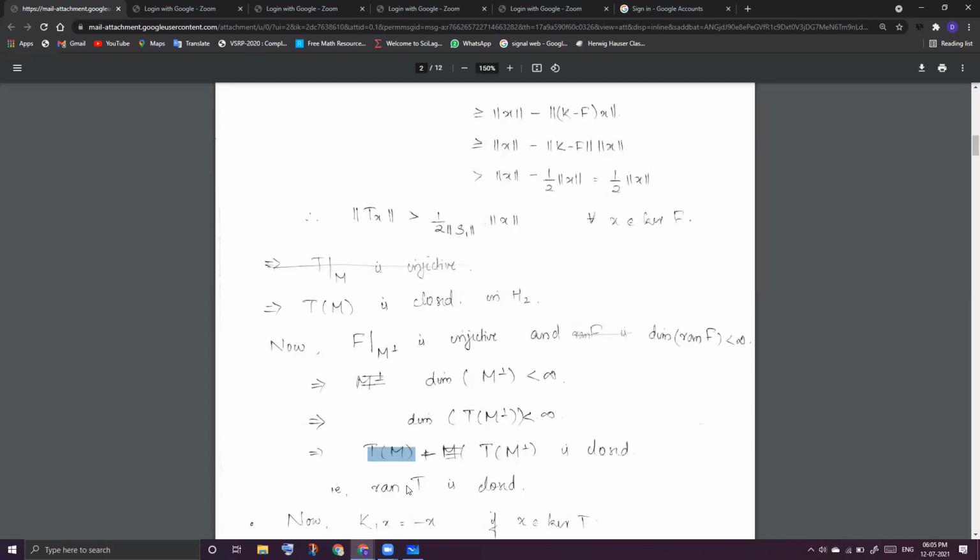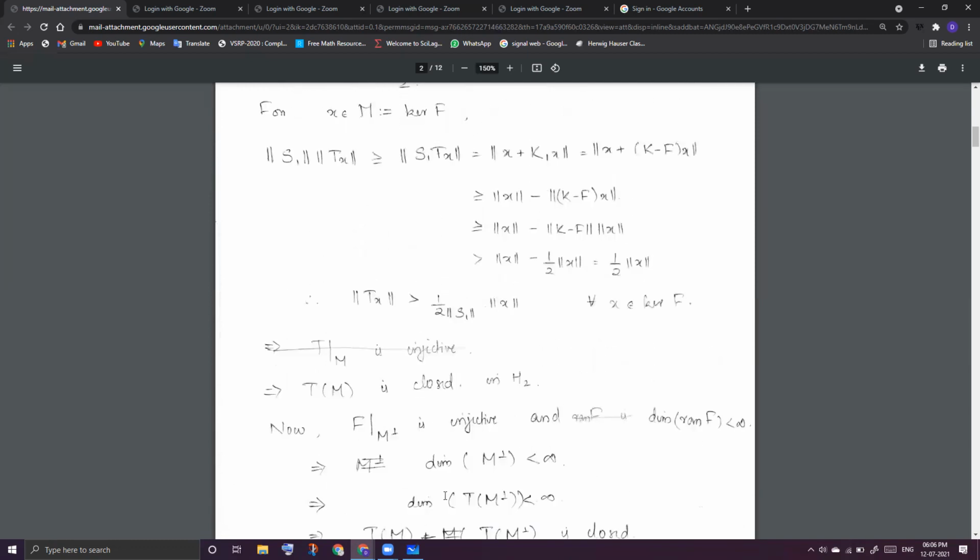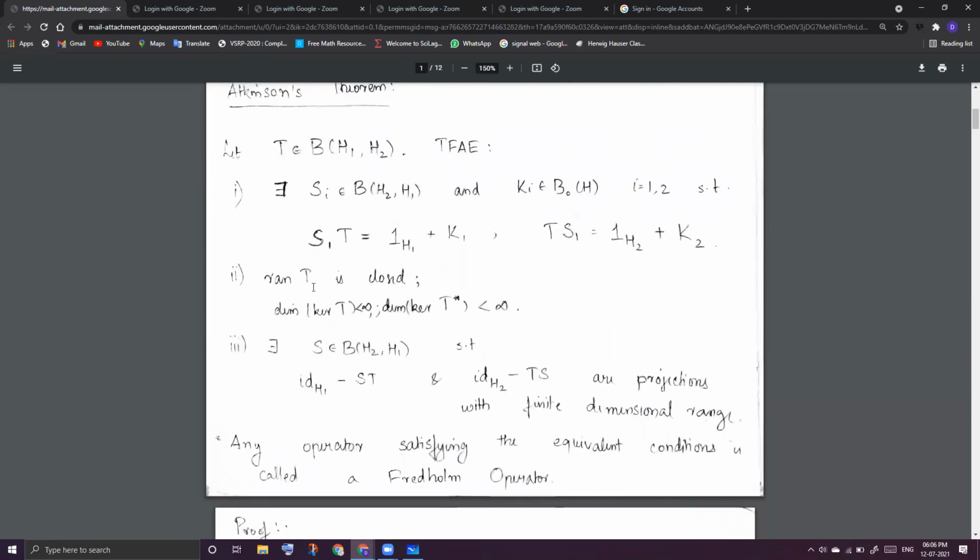The sum of a closed subspace with a finite dimensional subspace is again closed. So the range of T will be closed. This is the range of T, right? Because M direct sum M perp is the whole of H1. So the range of T is closed. So we got the second part: the range of T is closed.